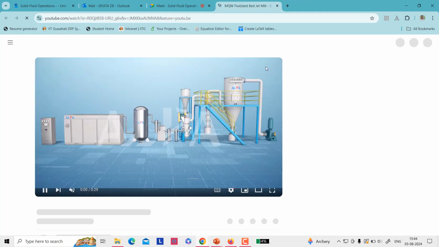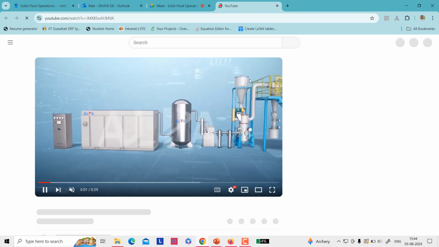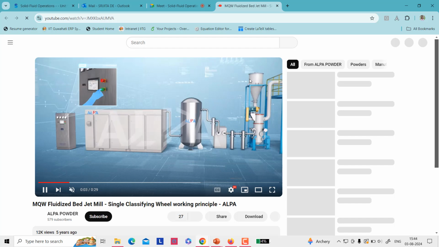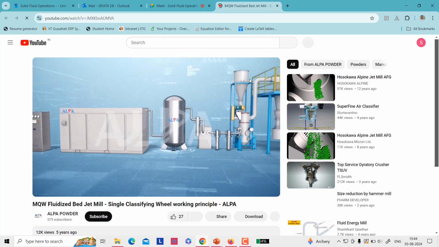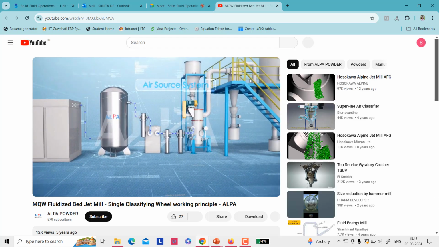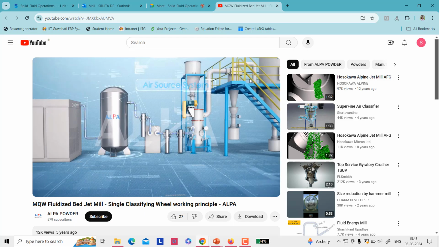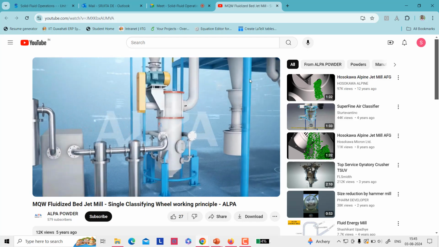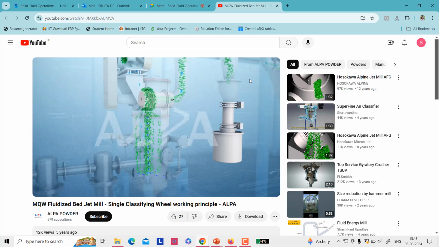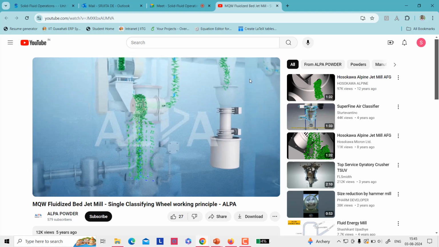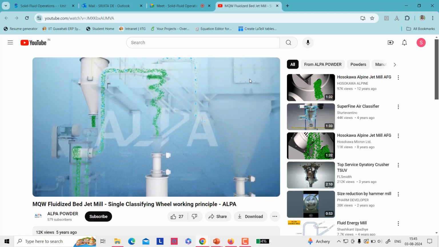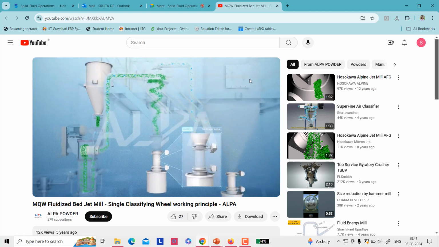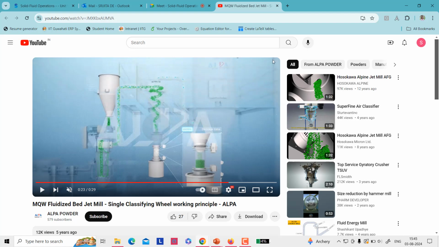Last one is the fluid energy mill. The particles along with the fluids will be absorbed from the bottom and pass through this portion, and now you see here it's some kind of separator.